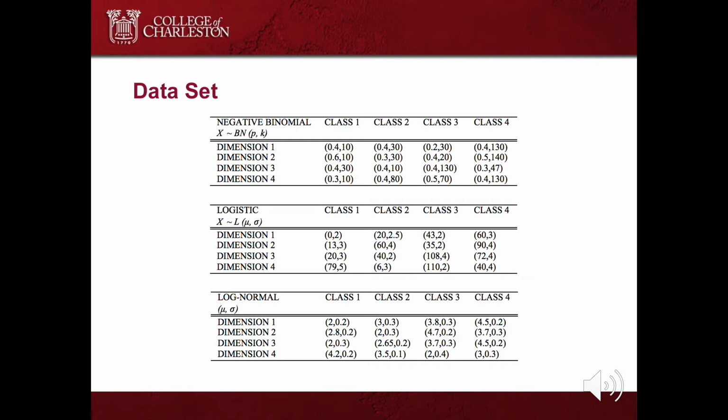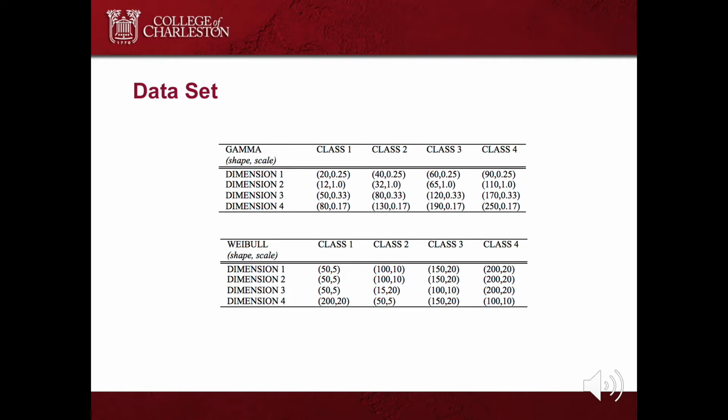And you can see the parameters that we used for each of the classes within each dimension for each of the statistical distributions. So in our case, each dimension had 40,000 observations. You can see the parameters used for the negative binomial, logistic, log normal, and also for the gamma and Weibull distributions.